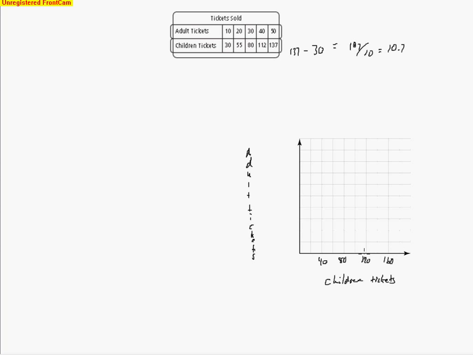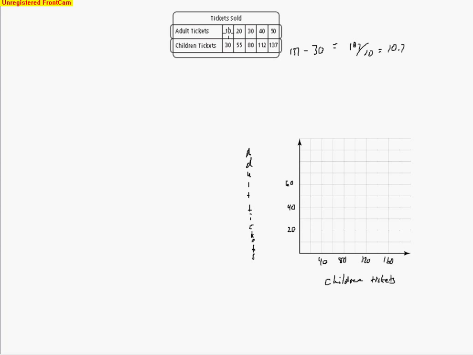So I definitely have enough space there. Then over on this side, my adult tickets go from 10 to 50, so I don't need to have as much space on these. So maybe I'll just go by 10s here. So I'll call this one 10, 20, this one's 30, and so on. And I should have enough room in this case here.